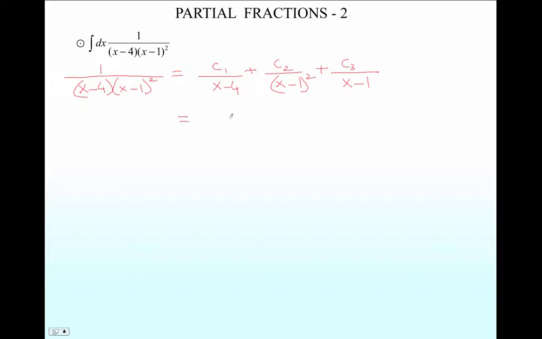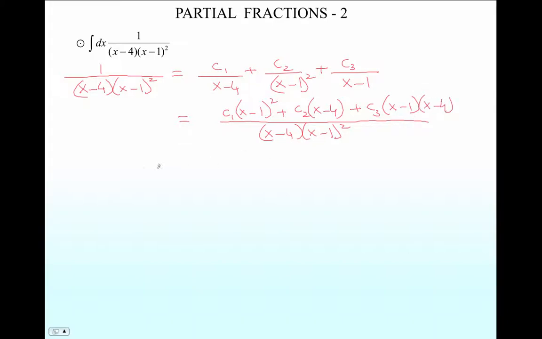Okay, so now let's make the common denominator, which is x minus 4 into x minus 1 squared. The numerator is c1 into x minus 1 squared plus c2 into x minus 4, and c3 will have both x minus 1 and x minus 4.